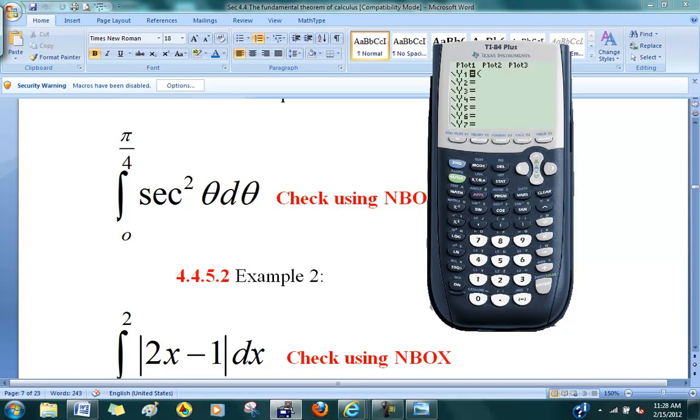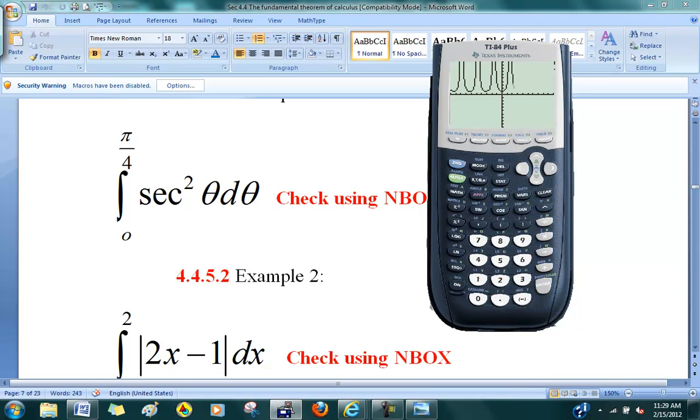Remember, secant is really 1 over cosine, so you're going to go 1 divided by cosine x, and then you're going to square the whole quantity, because sec squared theta means sec theta times sec theta. I think our answer was 1 before, so let's put this in y1. Let's go graph this.